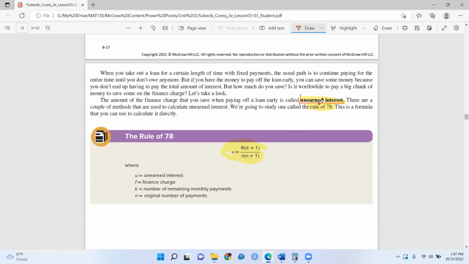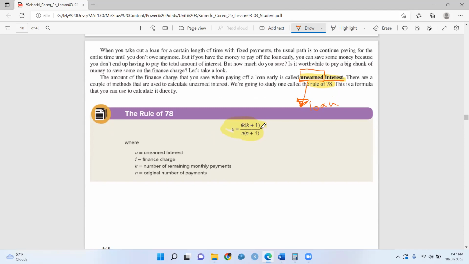And what we mean here by unearned interest is the lender gets less money. They're getting cash from you to let you have a big bulk amount of cash. So if you pay it off early, you save a little bit of the interest.